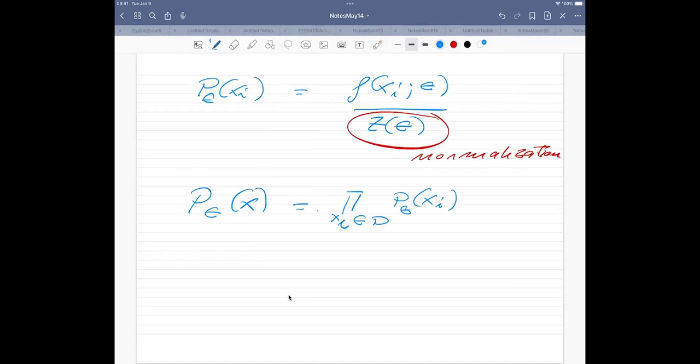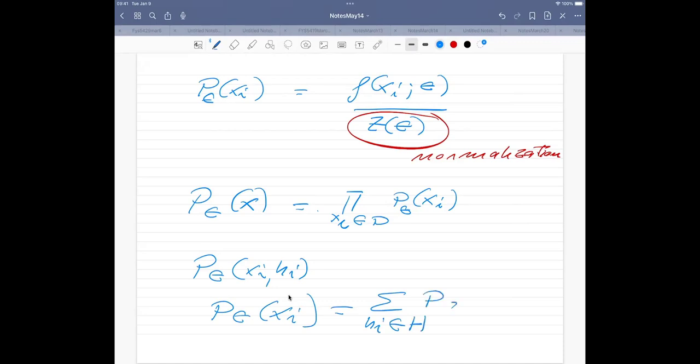Now, we would call this the marginal probability, but we could have a probability which depends on additional parameters, p of x_i and h_i, and this h_i could be our hidden layers, which belong to the training. So what we normally do is that we want the marginal probability p_theta of x_i, which is typically a sum over the h_i's, which are defined in a domain H, of p_theta of x_i and h_i.